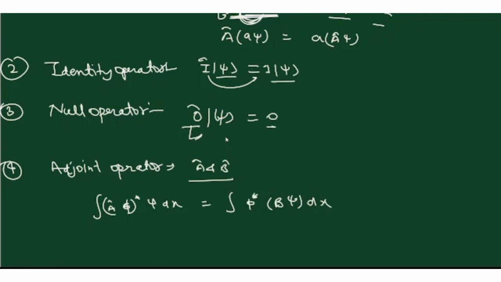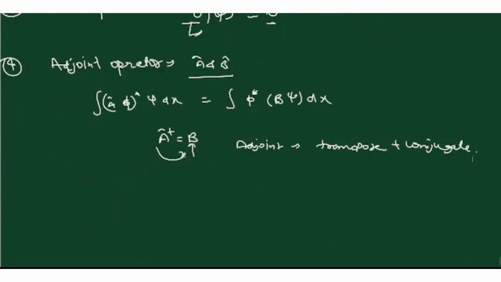So here, if A dagger is equal to B, we will say B is the adjoint of A. Adjoint is what? Adjoint is just transposing the operator plus conjugate. So adjoint is transpose plus conjugate. Okay, that is the adjoint operator.